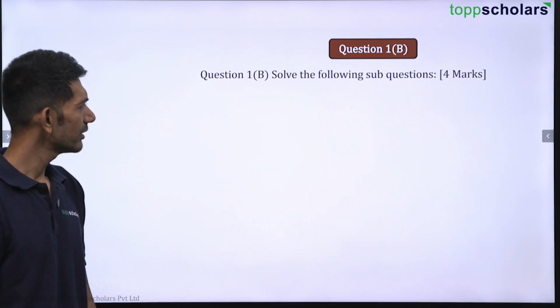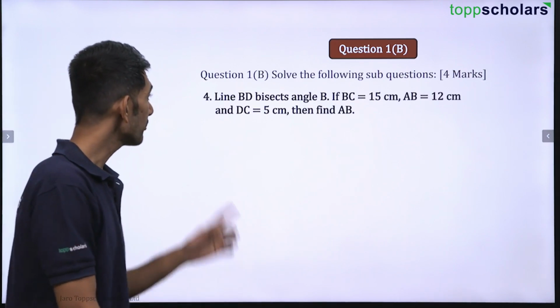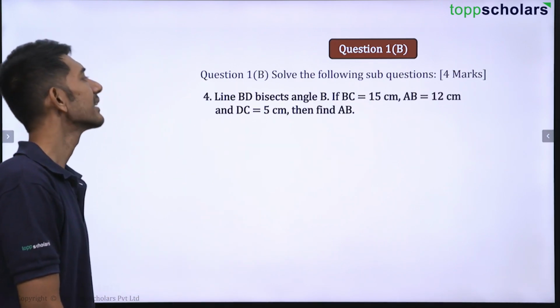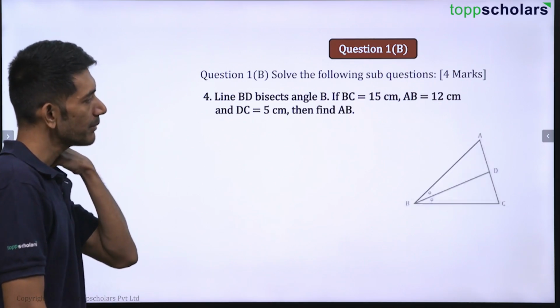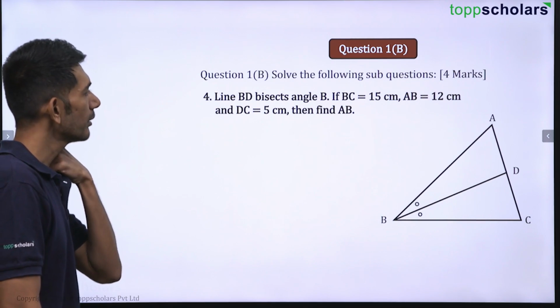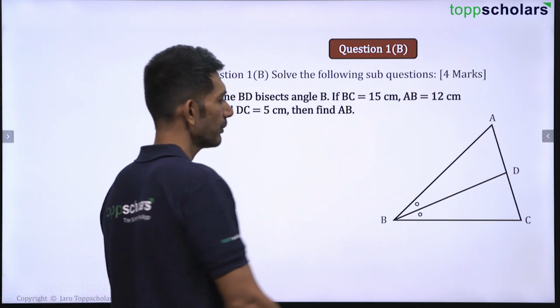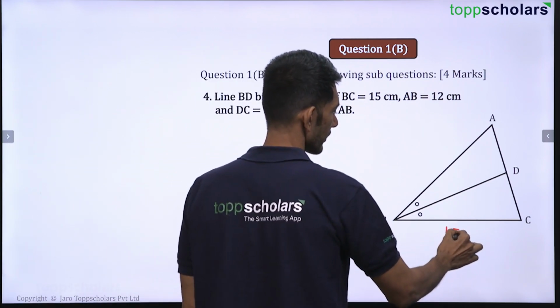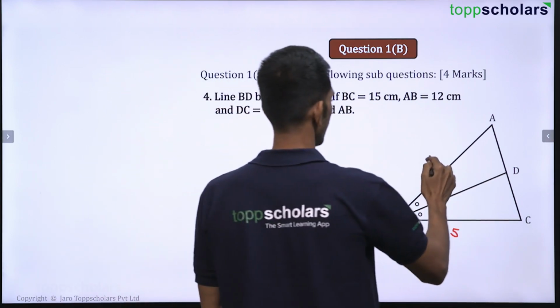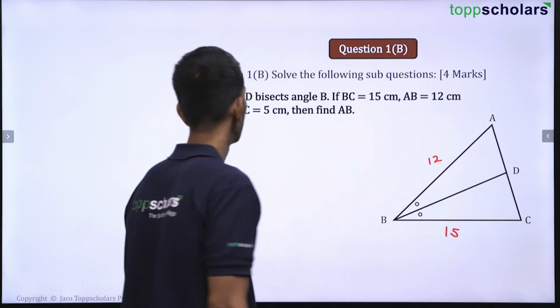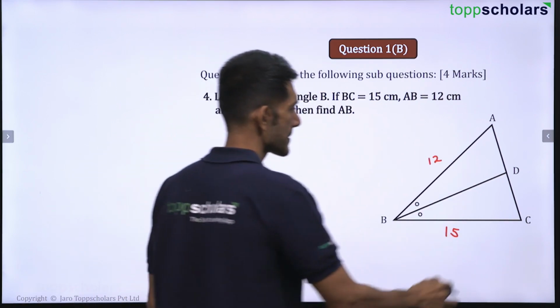Let's continue further. Next question says, line BD bisects angle B. BC is given as 15 centimeter. AB is given as 12 centimeter. DC is 5.